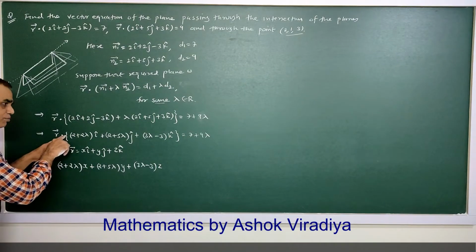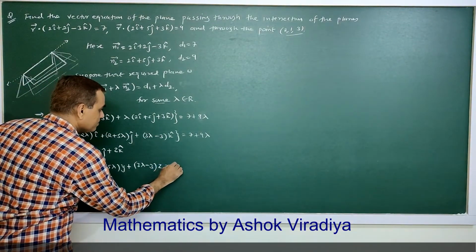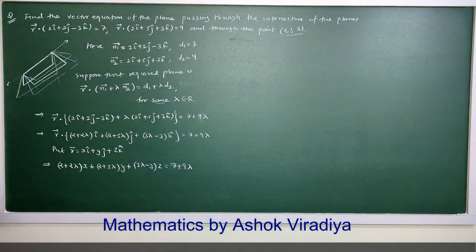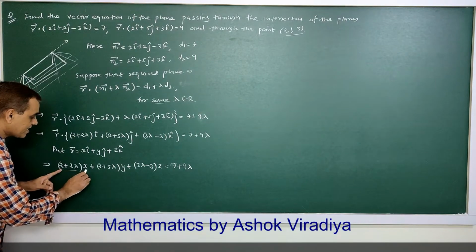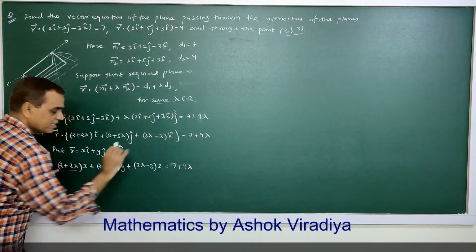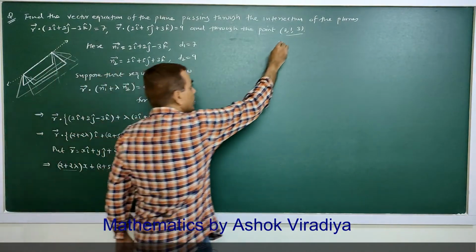This is the dot product of these two vectors, and it is equal to 7 plus 9 lambda. So see here, we are getting the form ax plus by plus cz equals d. Now this is passing through (2, 1, 3).